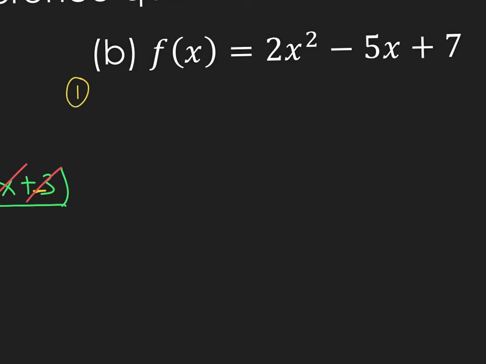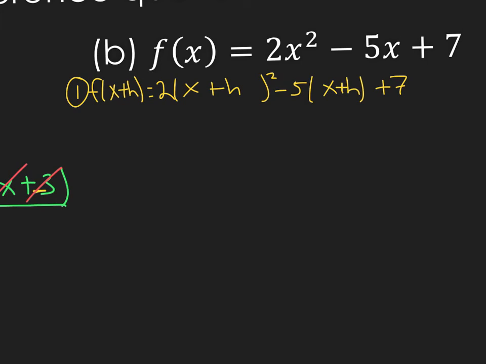Okay, so the first step is to do f of x plus h. So we'll write our original function, take out the x's, and remember we'll do x plus h in those empty parentheses. Now we've already found x plus h quantity squared, and we did that on the previous example.